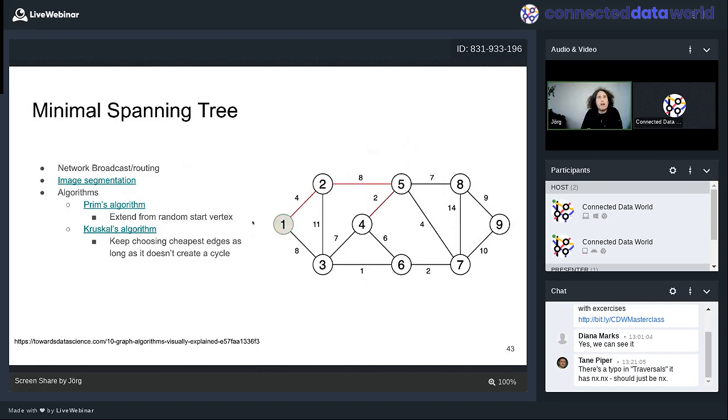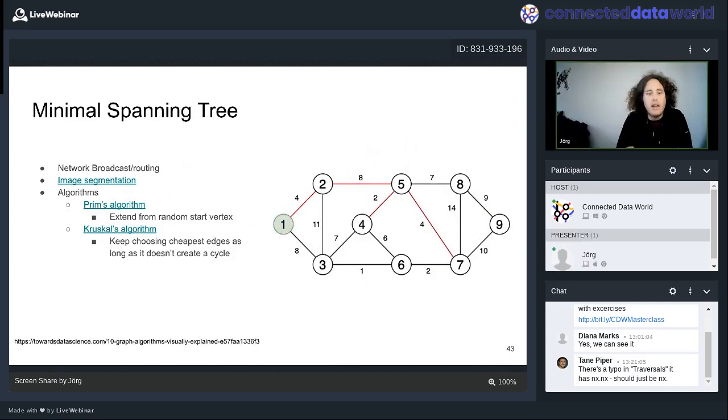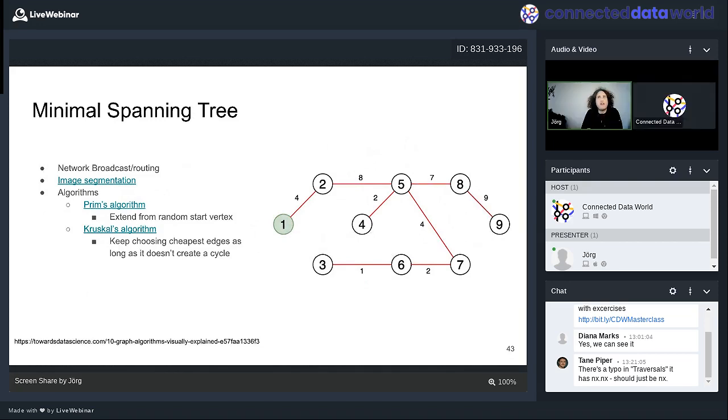So those are problems we can deal with using graph algorithms. For example, minimal spanning tree is one of them. If you dealt with programming challenges for interviews, you might have come across that. The question is, what is the subgraph, the DAG, the subgraph without any cycles that is minimal, so where I have the minimal cost. This has a large number of interesting uses.